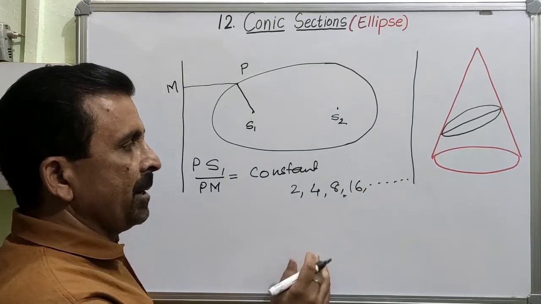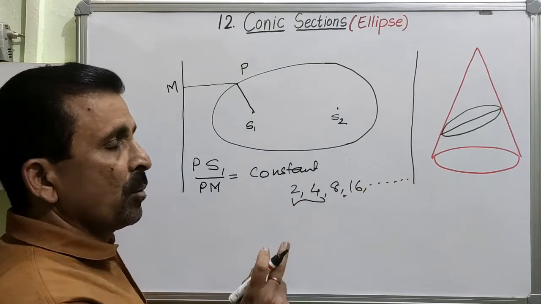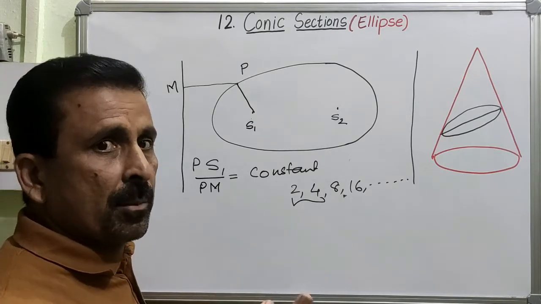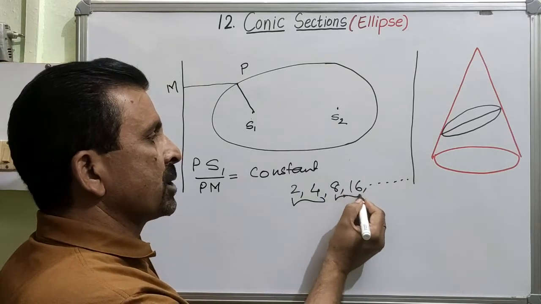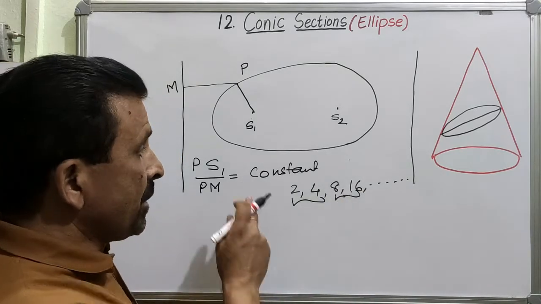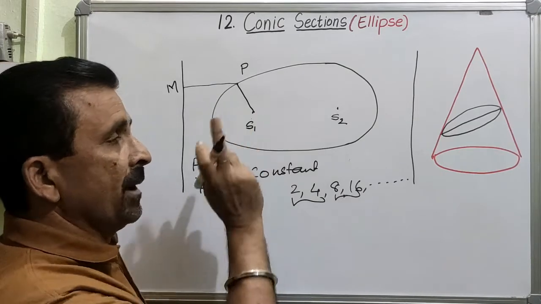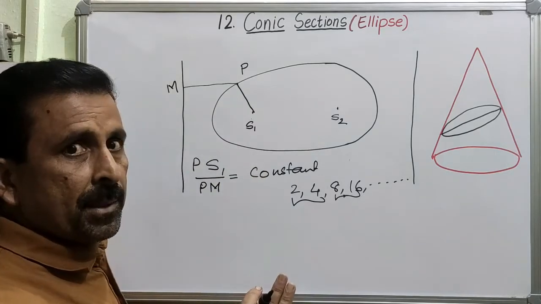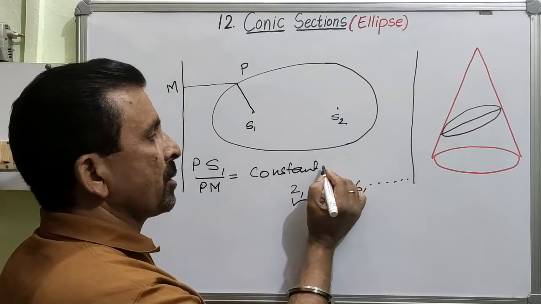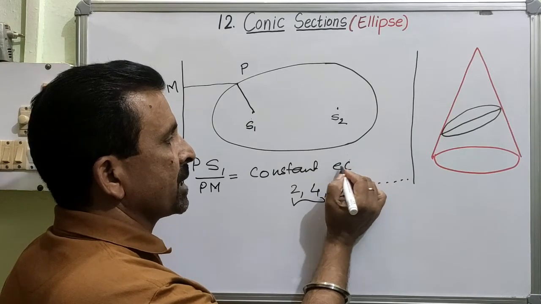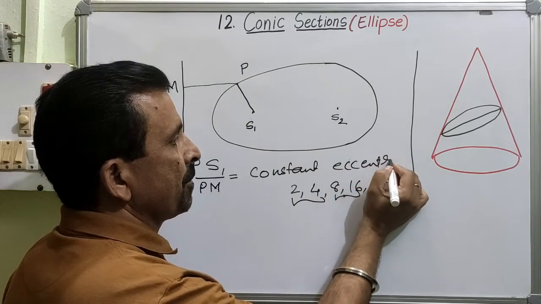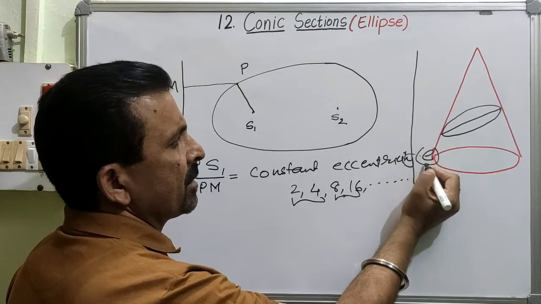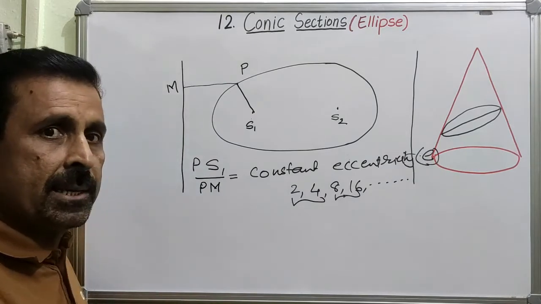In the case of GP, the ratio of any two consecutive terms was always the same, and we call that ratio the common ratio. You take any two terms, the ratio of the two consecutive terms will always be the same. So somehow that kind of condition arises here in the case of ellipse. The ratio of PS and PM will always be constant, right? And this constant we call eccentricity, and we denote it by the letter E.